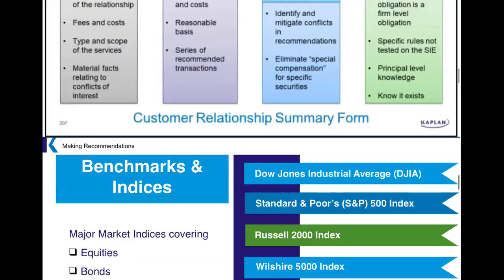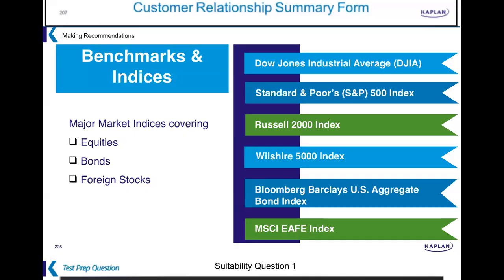All right, guys, last thing here in this unit. Benchmarks and indices. Guys, these are like crystal balls for us. They're indicators that show us what's going on in the equity market, the bond market, the foreign stocks market, right?